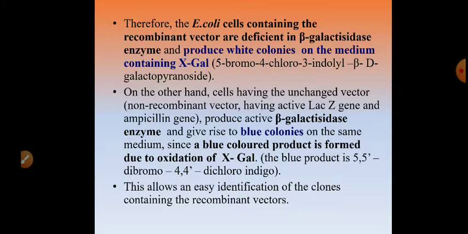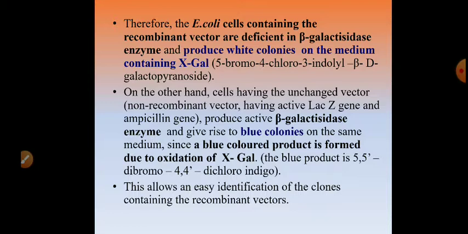If, on the other hand, those E. coli cells which contain unchanged vector, which is not a recombinant vector, which is having lacZ gene intact, will produce beta-galactosidase enzyme. It will bring about the breakdown of the X-gal dye and produce blue-colored colonies. The blue-colored product, 5,5'-dibromo-4,4'-dichloro indigo, is produced. Why?